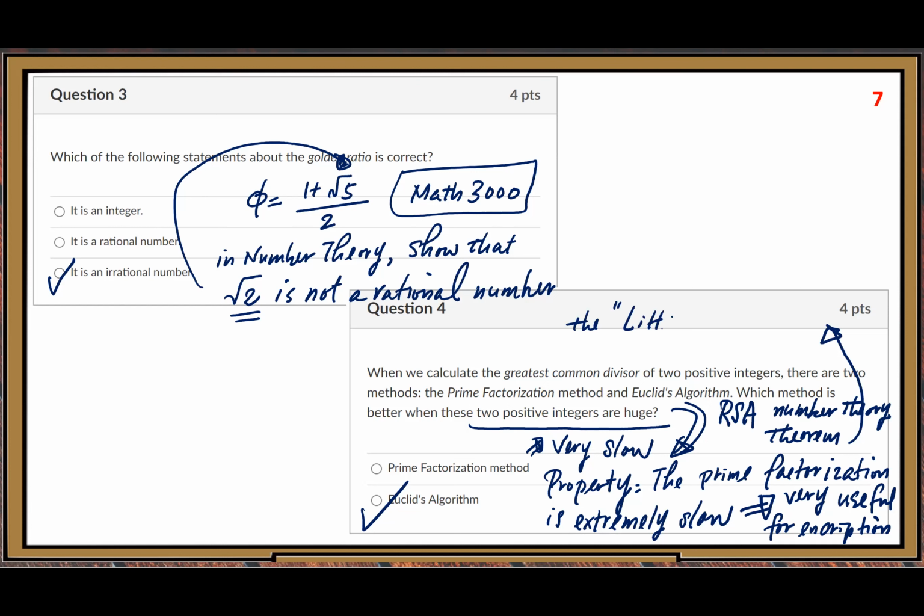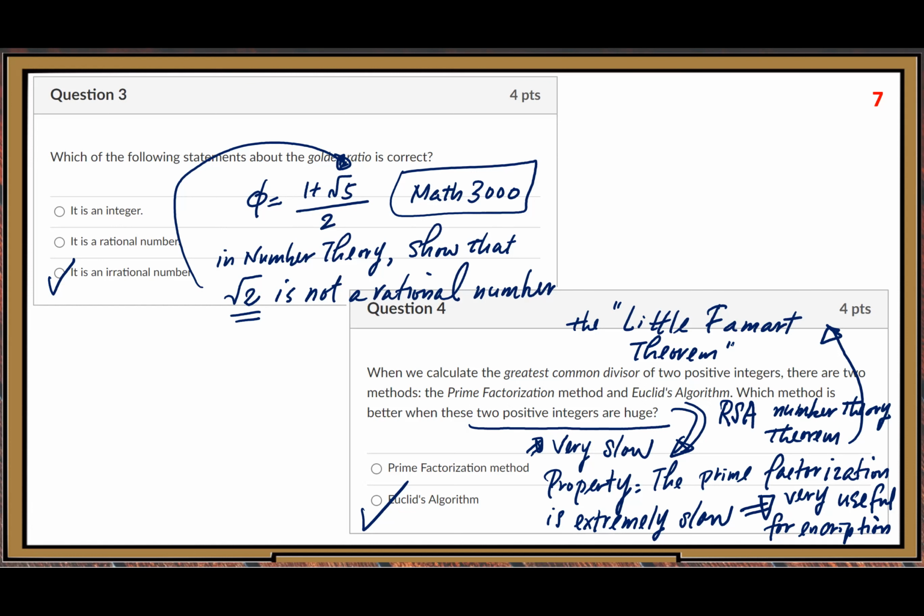Little Fermat theorem. We know there is a big Fermat theorem, okay? But this one is the little Fermat theorem. And there is a formula for that.